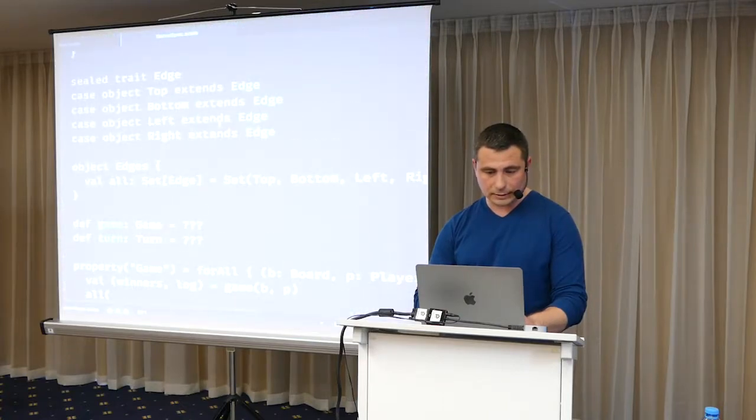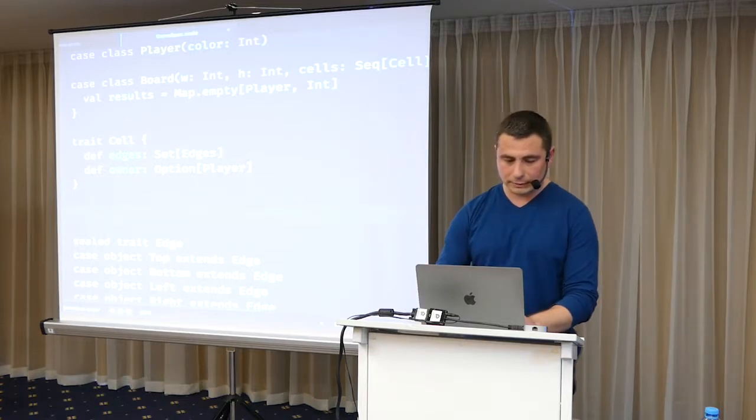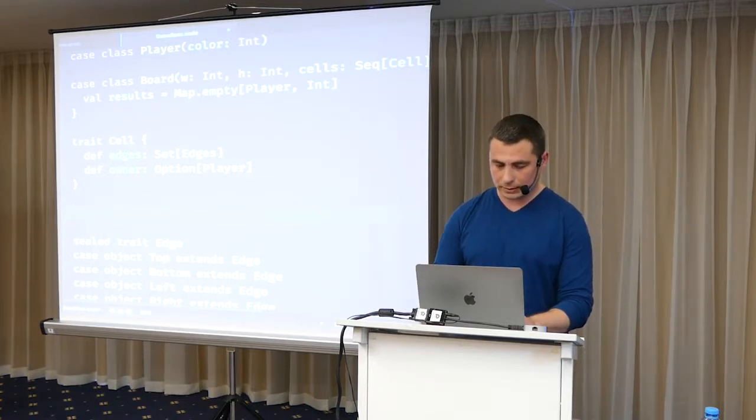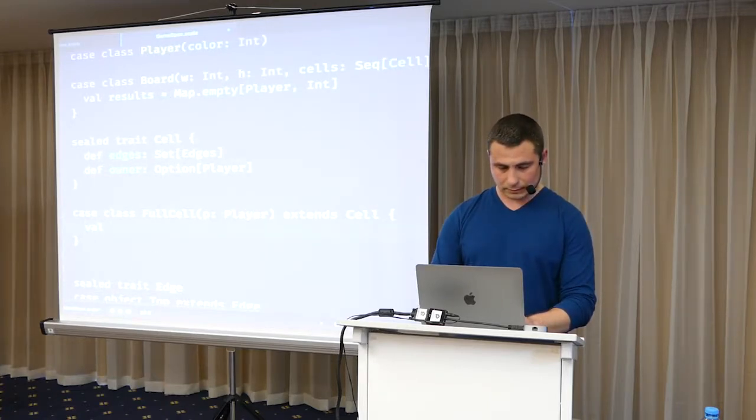So let's define cells. For now, we just have a trait, and obviously we will have some full cell which is owned by the player. Full cell with some player, and the owner will be some player, and it will have all edges.